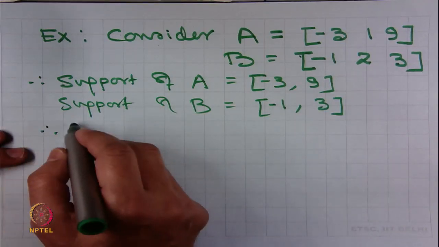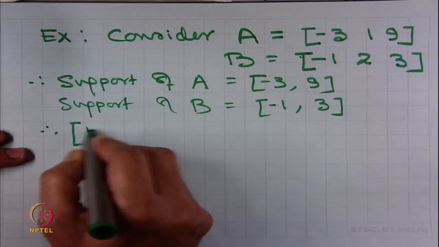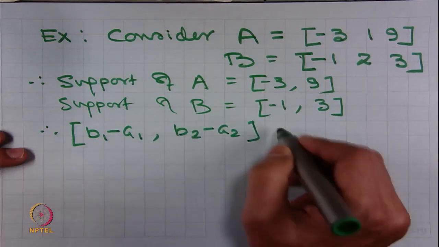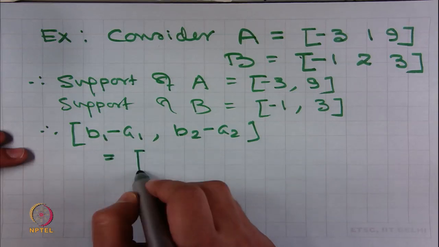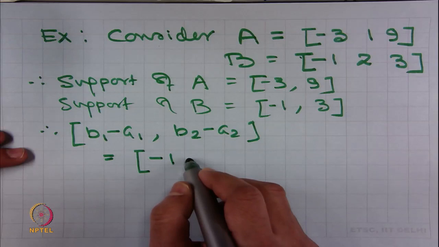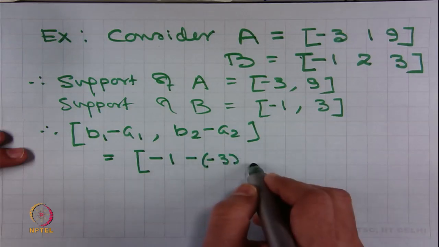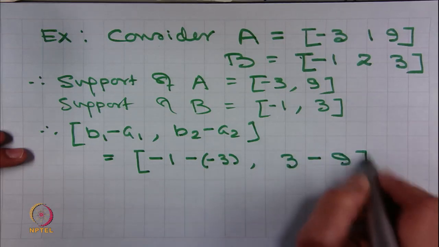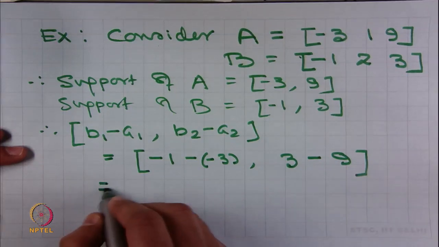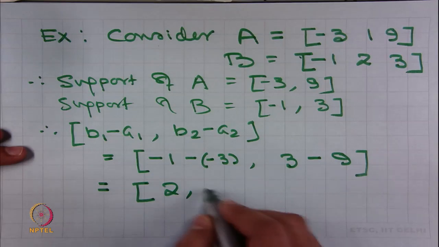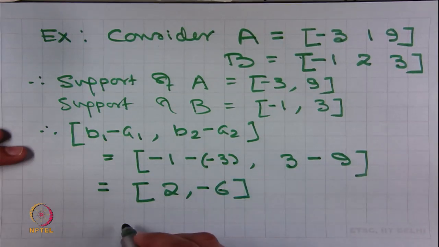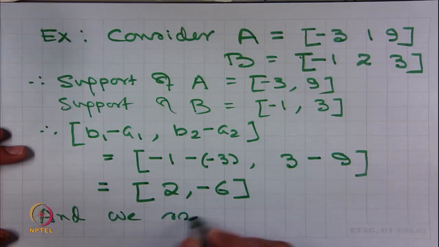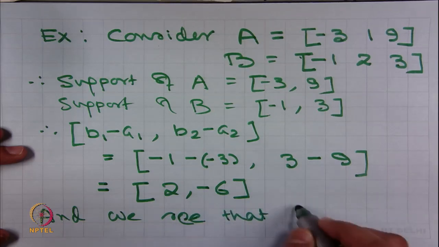Therefore, B1 minus A1 comma B2 minus A2 is equal to minus 1 minus minus 3 comma 3 minus 9, is equal to 2 comma minus 6, and we see that it is not a valid interval.